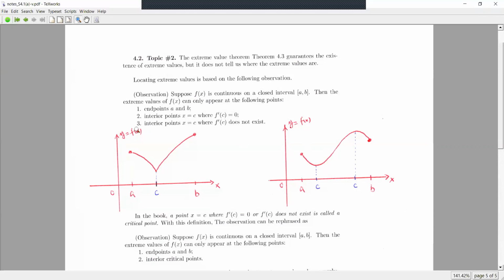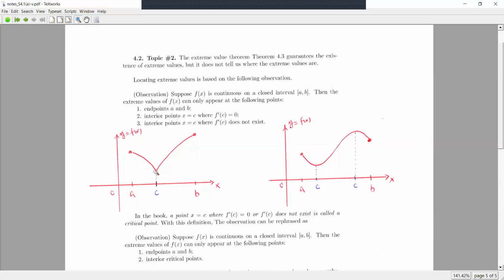Number 3, maximum and minimum can appear at interior points where the derivative doesn't exist. Derivative doesn't exist means that the curve has a corner there. This is one example. The curve has the minimum here, the lowest point.